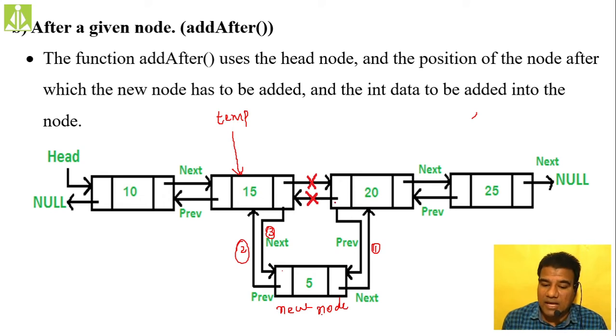But when you make this link from here to here, this fourth link, if you are inserting this node as the last node, then what will happen? There is no such thing as temp of next of previous, because this is your last node.